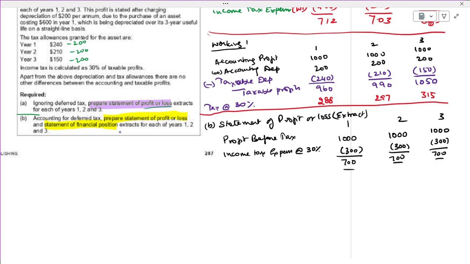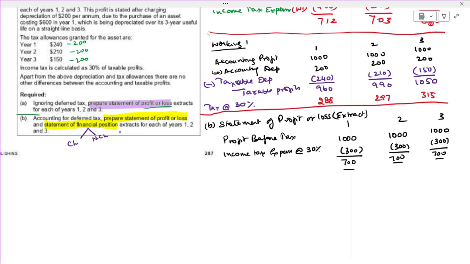If there is a deferred tax, we should know what is the current liability and what is the non-current liability.